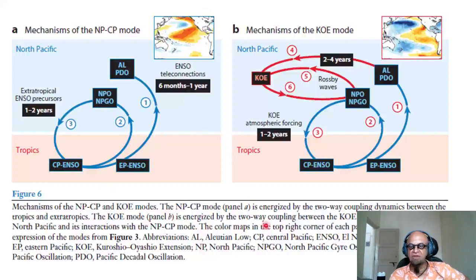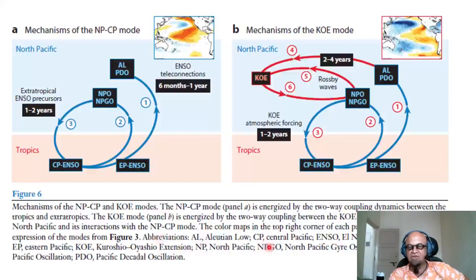So you can read the numbers back to what they are all corresponding to. Whereas the mechanisms of the KOE mode, you have the KOE mode energized by the two-way coupling between the KOE and the Central and Eastern North Pacific and its interaction with the NPCP mode.